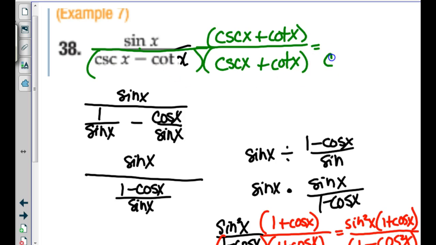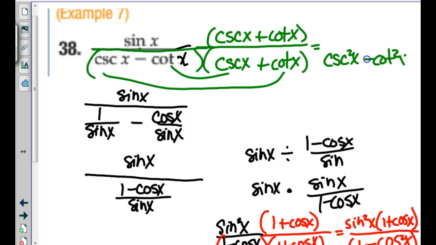Cosecant times cosecant is cosecant squared. The inside two cancel each other out, inside, outside, and then I get minus cotangent squared. What is that equal to? Cosecant squared minus the cotangent squared.